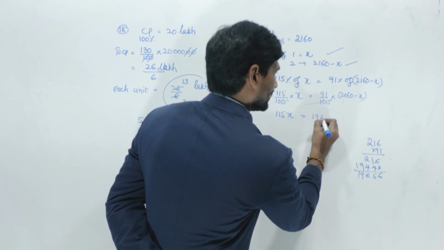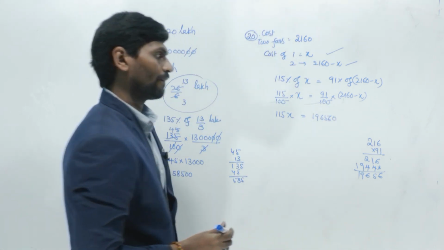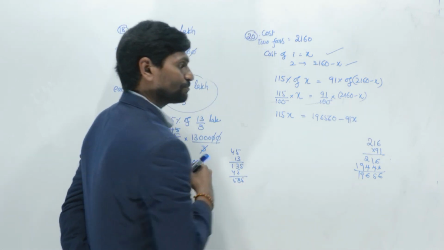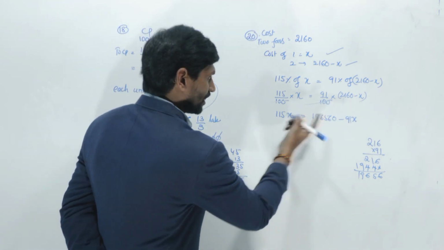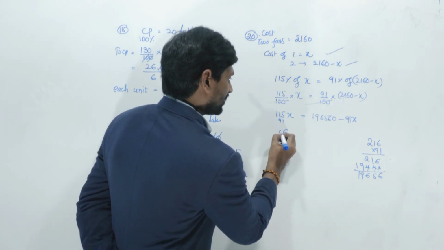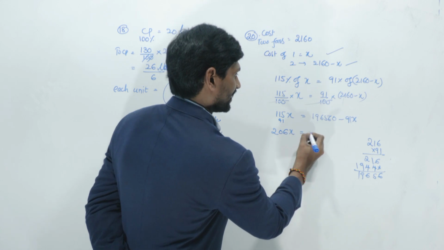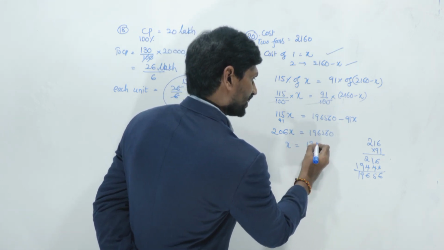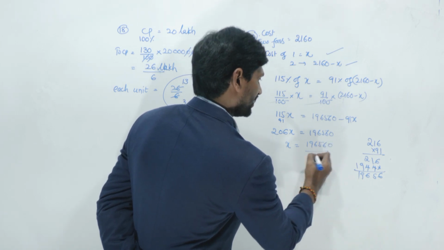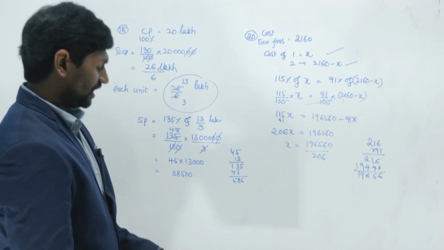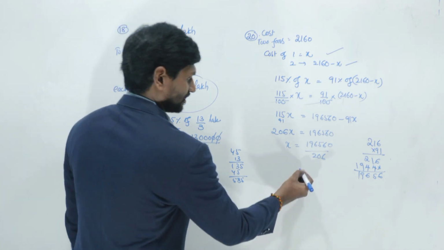So 196560 minus 91X. Transpose this 91X to the left side. 115 plus 91 is 206X. So X value is 196560 by 206. After cancelling all that, you will get the answer 1350.